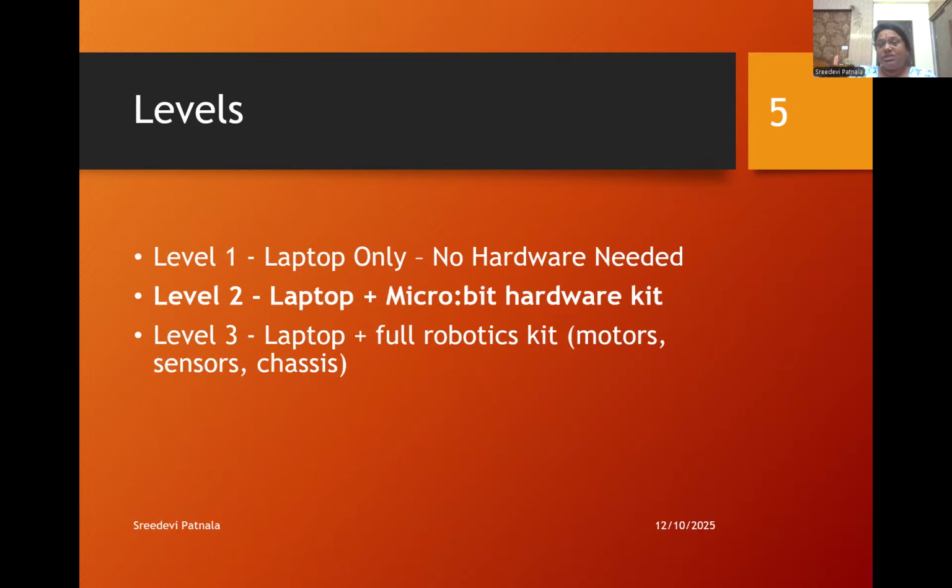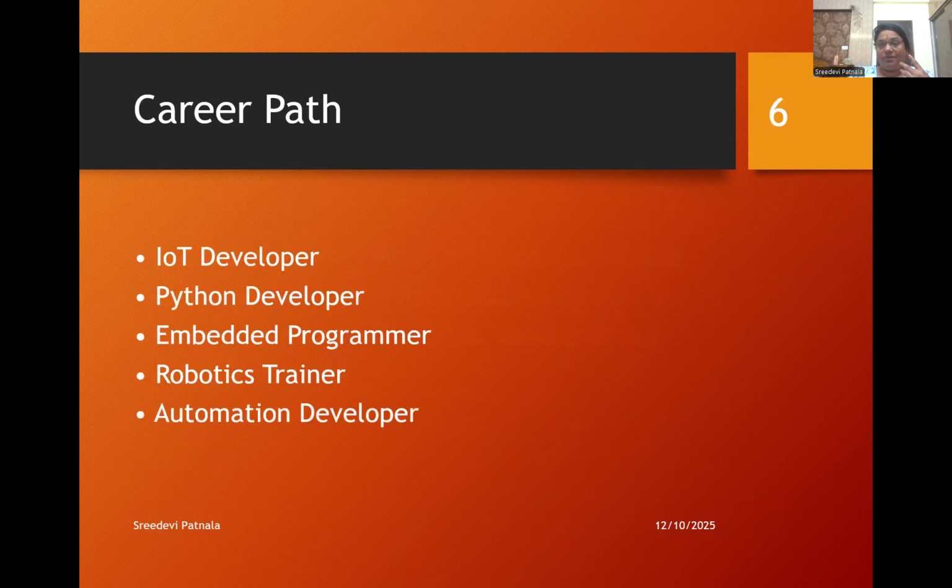Then level 2 comes with a hardware kit, where you need to buy a micro:bit hardware kit. With that, you can simulate a lot of things, which I'm going to talk about. And level 3 covers a full robotics kit, which has motors, sensors, and a lot of things along with the laptop you will have. So that is the third level.